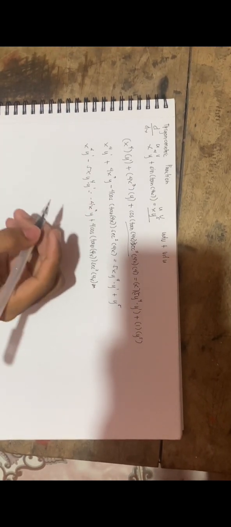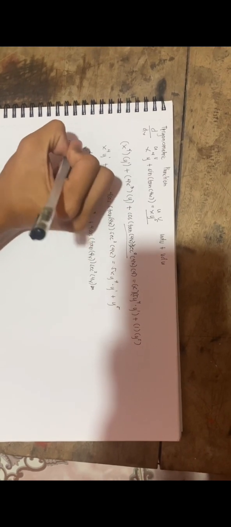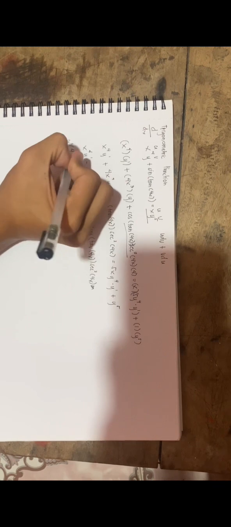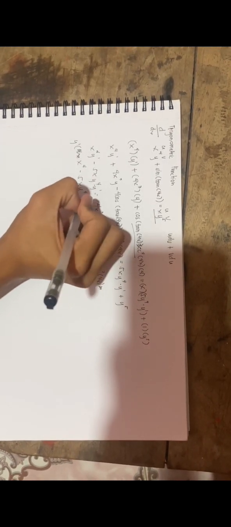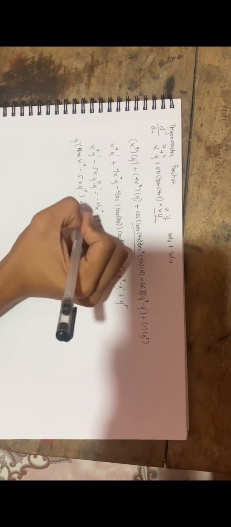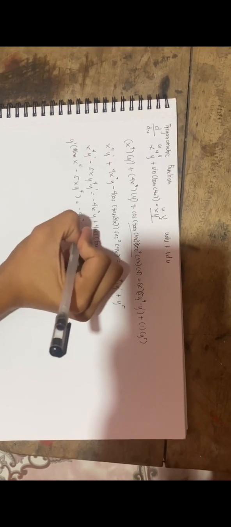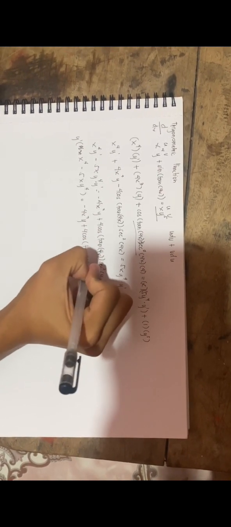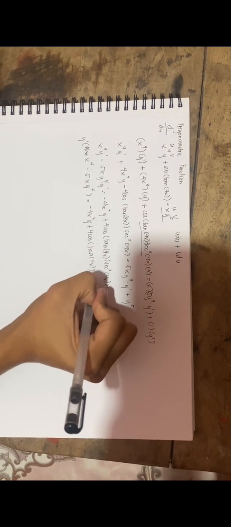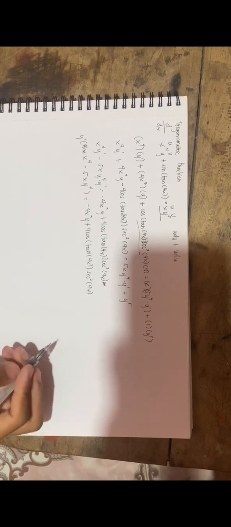Then next would be to factor out the y prime. I mean, x raised to 4 minus 5x y raised to 4 is equal to negative 4x cubed y plus 4 cosine tangent 4x secant squared 4x.